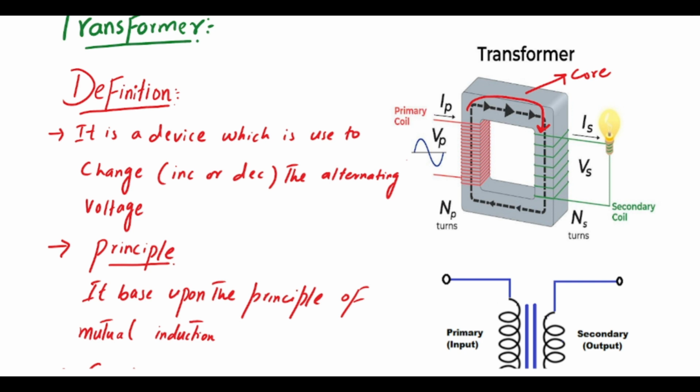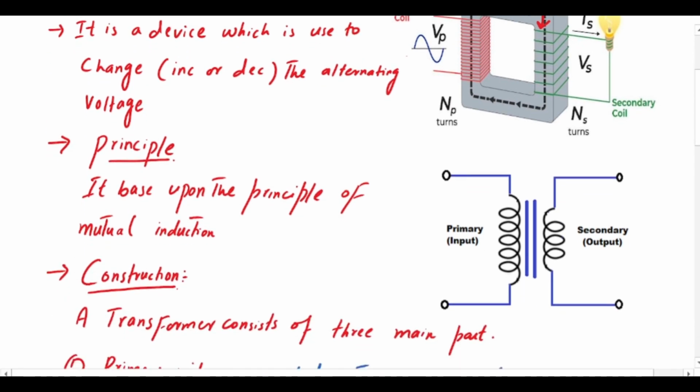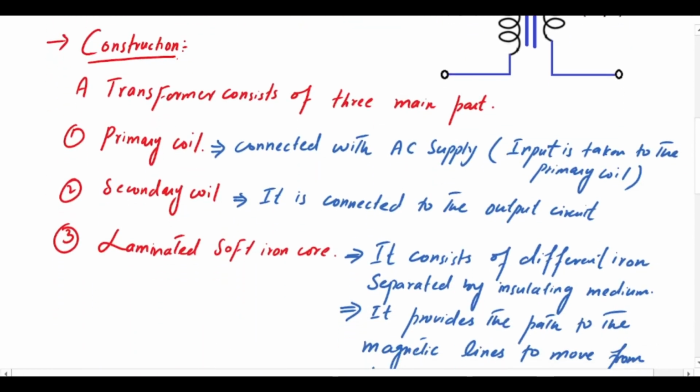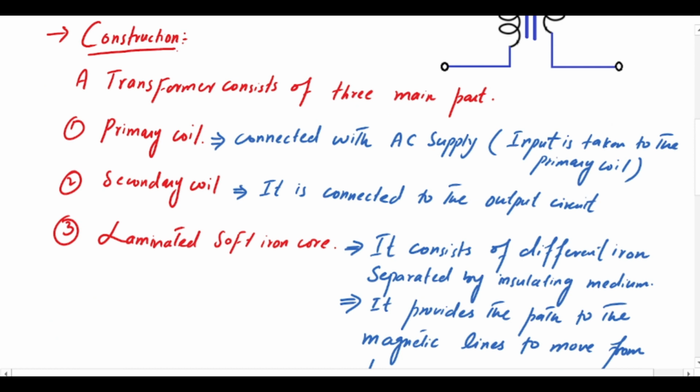Okay, and the principle is it is based upon the principle of mutual induction. Next, construction. We have three main parts of the transformer. First one is the primary coil, which is connected with the AC supply, means input is taken to the primary. And secondary coil is the second part.